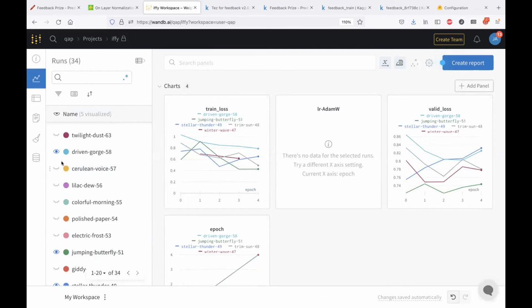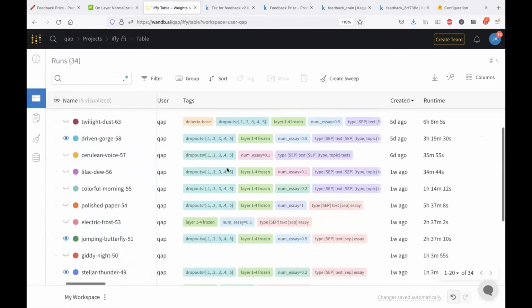So basically, the two experiments are jumping butterfly and driven gorge 58. These two are identical in that I'm using half of the training samples, and also I'm using dropout and freezing some layers.